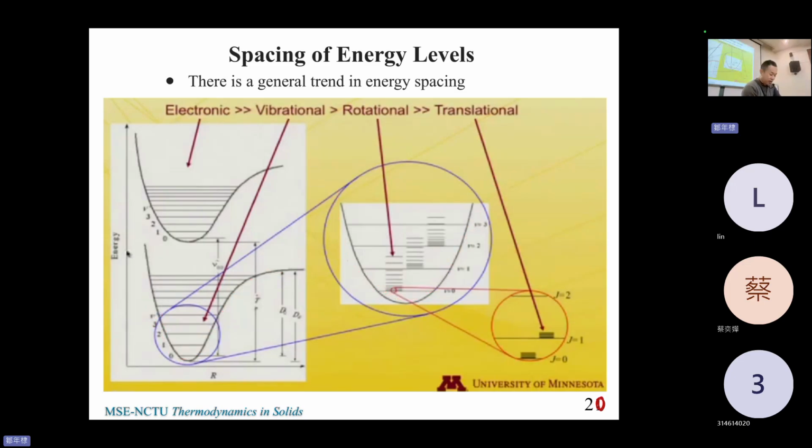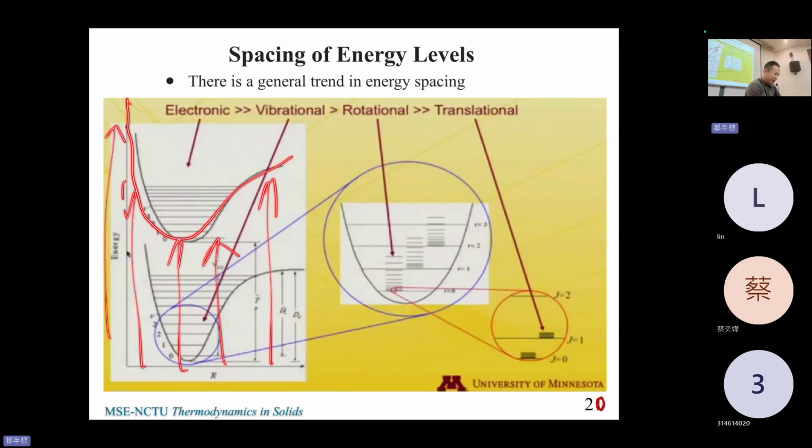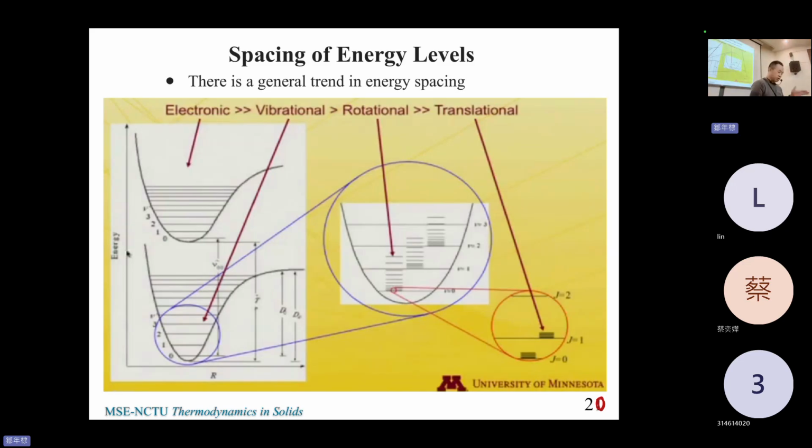And then if you want to go to electronic excitation, you are moving the entire vibrational energy landscape up to the next level, right? So you need much energy to excite the entire thing.